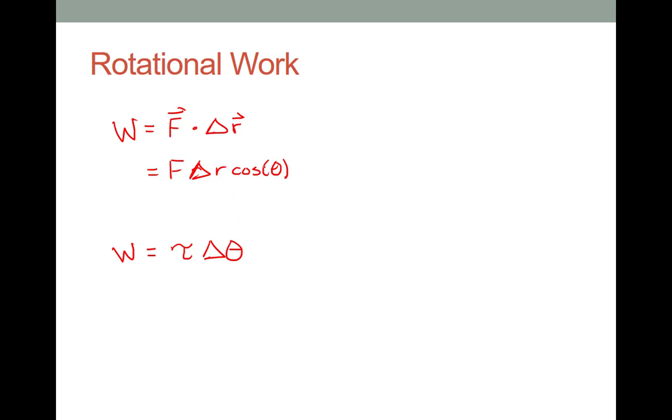So when cosine of theta is 1, meaning that the force acts in the same direction as the displacement linearly, we get F delta R. The two formulas are very analogous in that case. There is an example using rotational work in the next part of this unit.